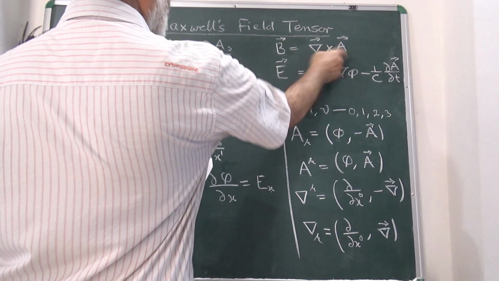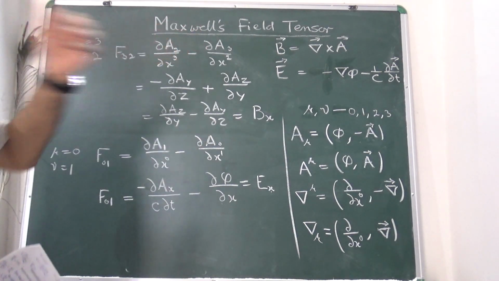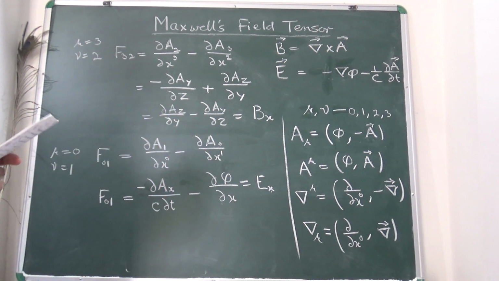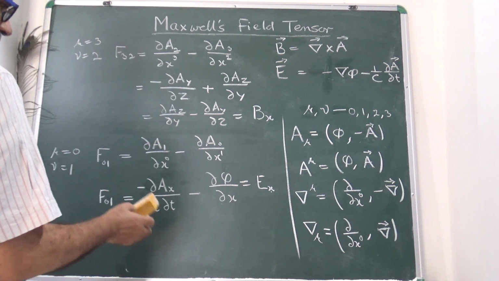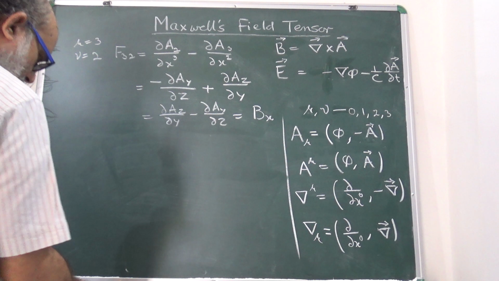If we take the curl, the x component will be del A_z by del y. In this way we can find the whole matrix, so the whole matrix will be like this.